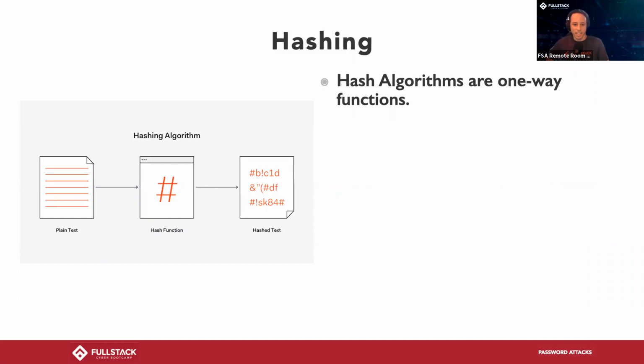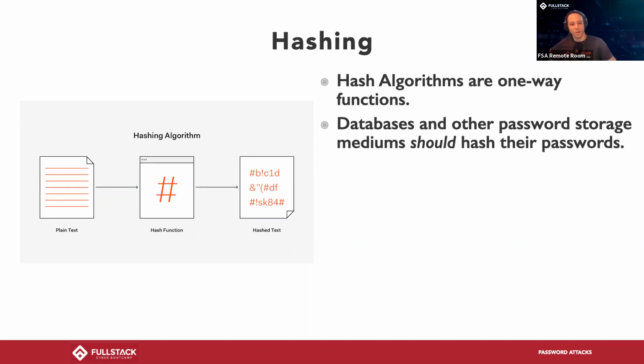We can't take hash text and reverse it. There's no way we can take a hash and go backwards. So you're like, wait, Matt, how does that make any sense? How do we crack passwords then? Well, we'll talk about that. We'll figure out how to do that. Databases should be storing their passwords as hashes, right? So they only have the hashed version of the password. They don't know what it was originally.